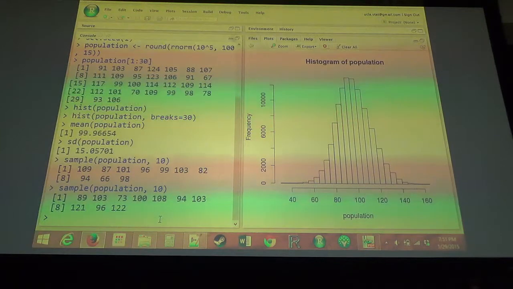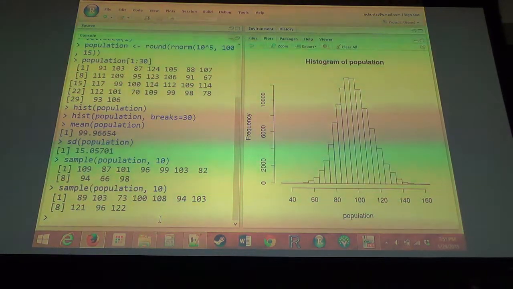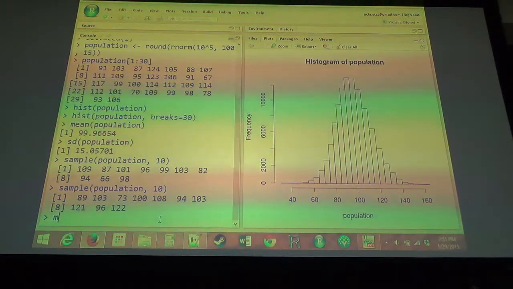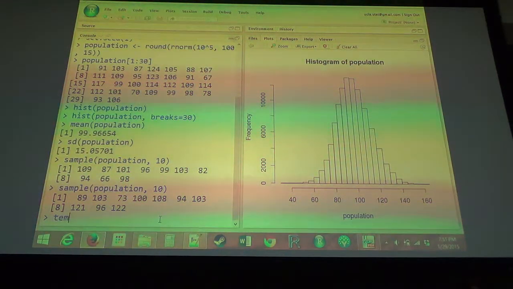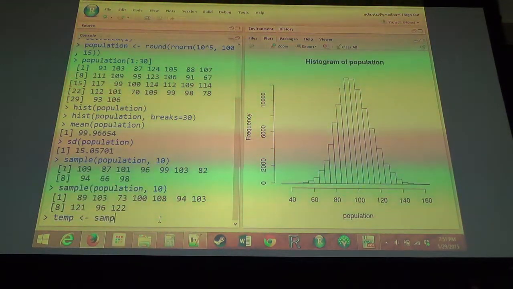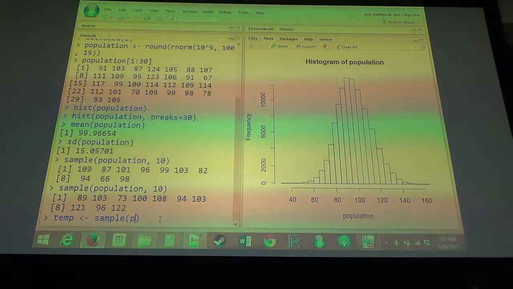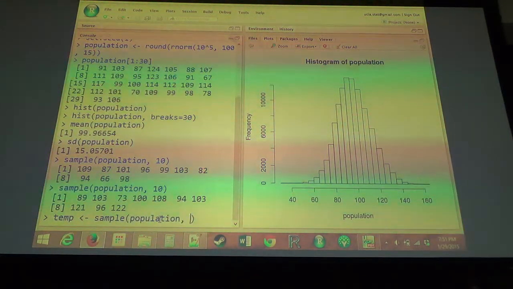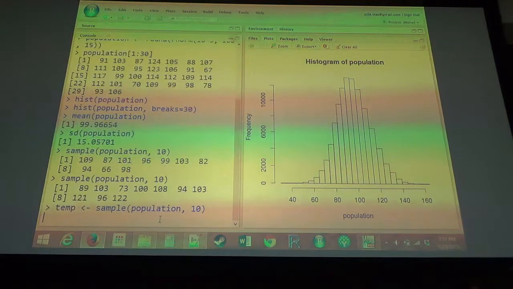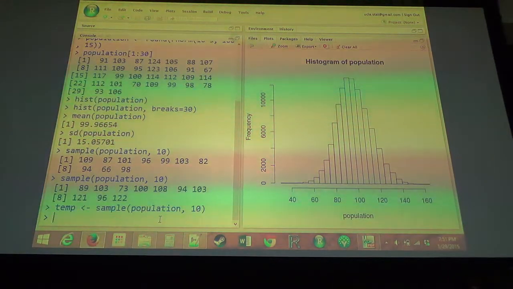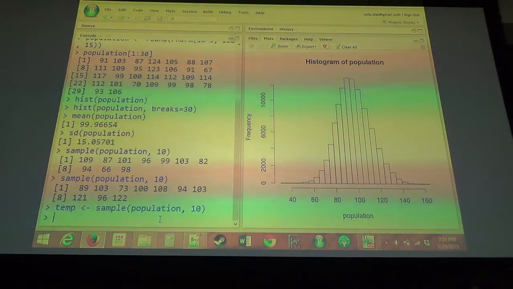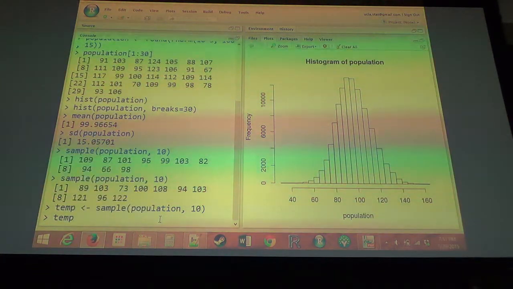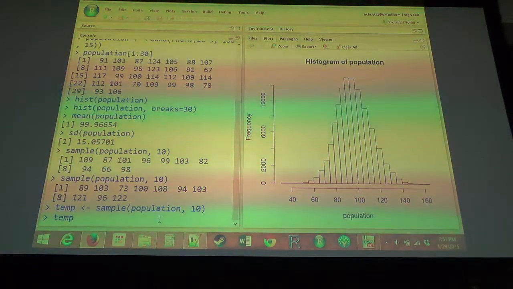What I want to do is, when I take the sample, calculate the mean of the sample. So I'm going to store something, I'm going to call it temp, and store the output of sample. You can't see it just because I stored it. Excuse me.